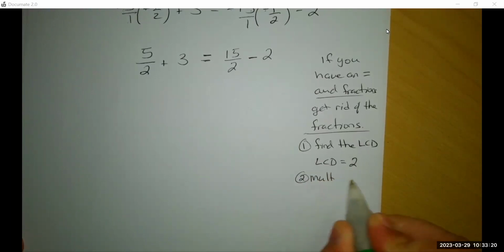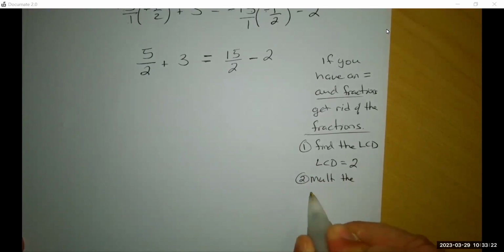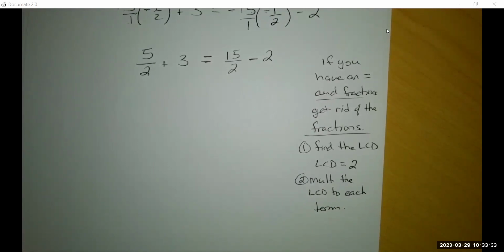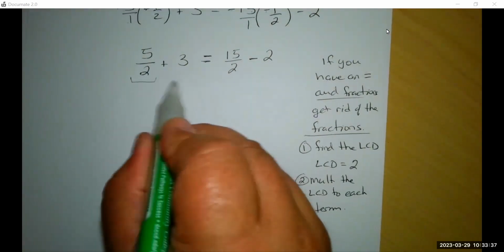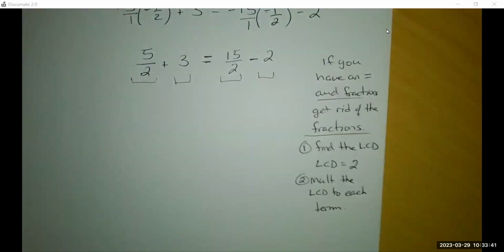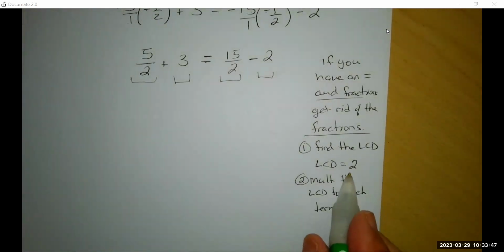Next step, multiply the LCD to each term. Remember, a term is anything separated by plus, minus, or equals. So we have 4 terms. We multiply the LCD, which is 2.